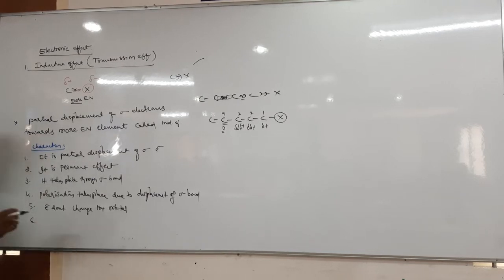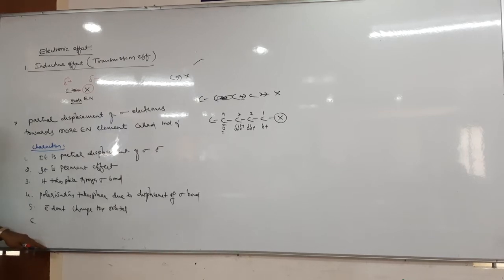Next, the sixth one. It depends on distance. Remember, inductive effect depends on distance, whereas mesomeric effect depends on position. We write different words: there we write position, here it is distance.